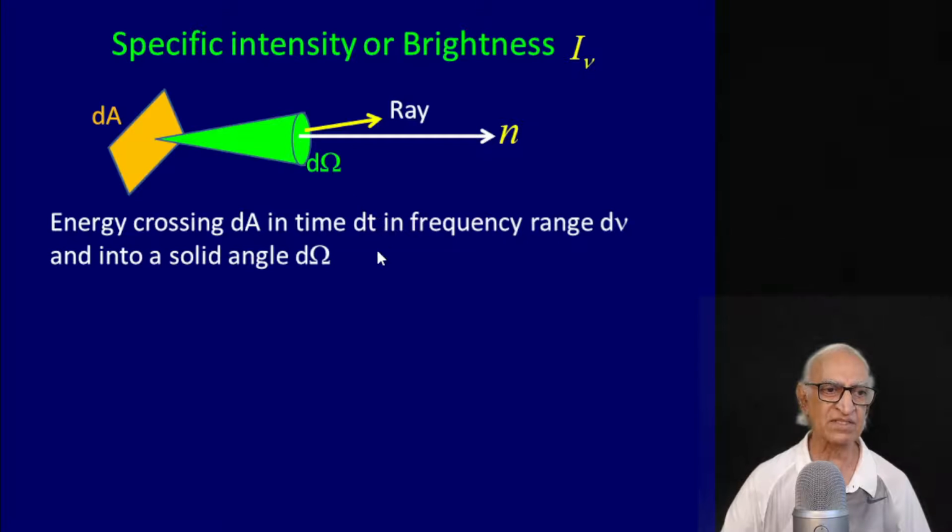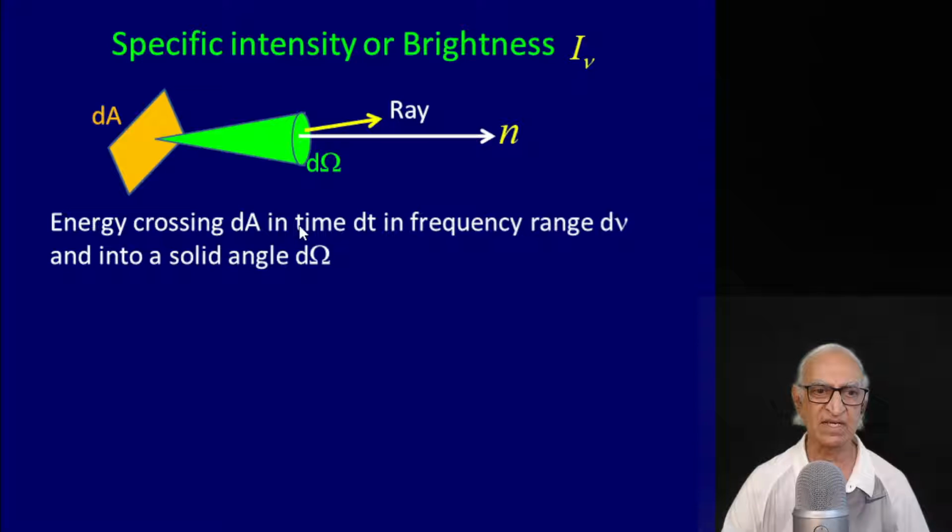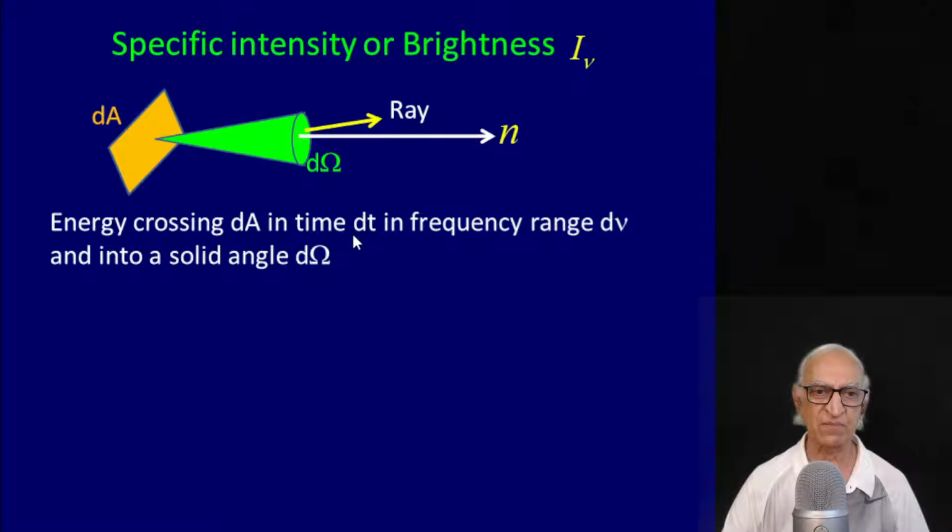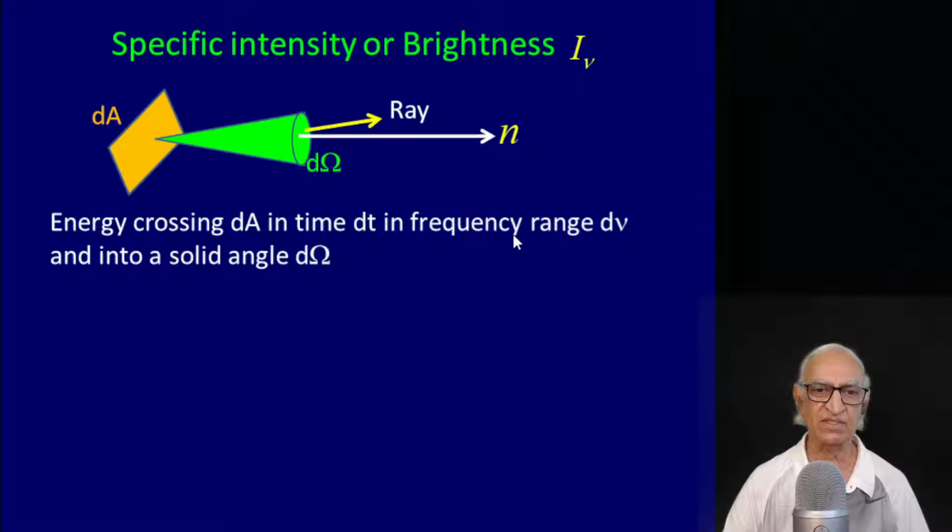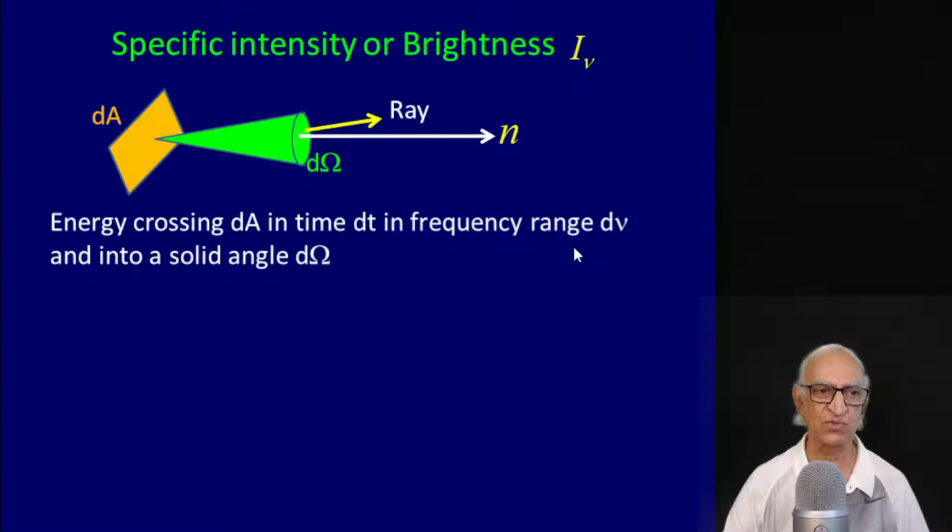Let us discuss the energy crossing this area dA in a time interval dt in the frequency range nu to nu plus d nu and going into this solid angle d omega.